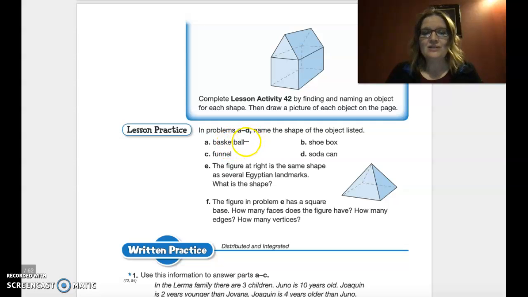Name the shape of the object listed. We know a basketball is a sphere. We know a funnel. We know a shoebox is, if you need to look at yours, I need to look at mine. I would put this as a rectangular prism.